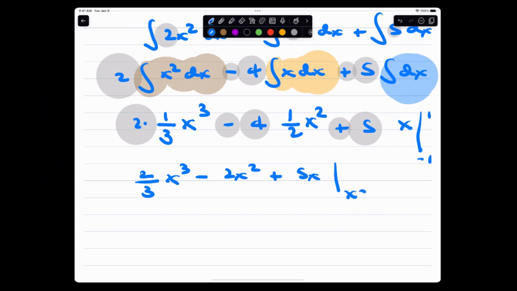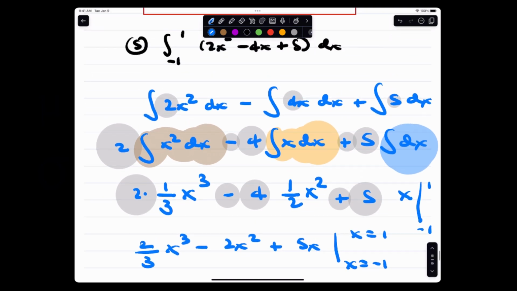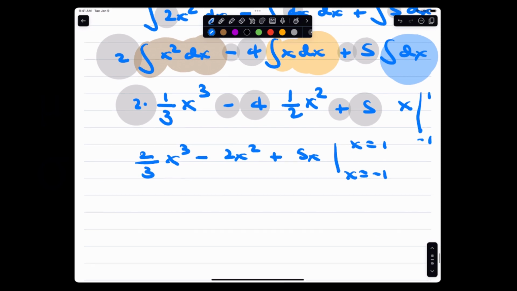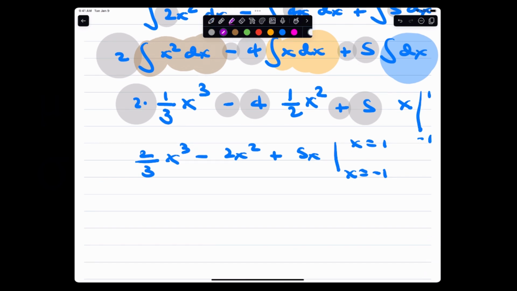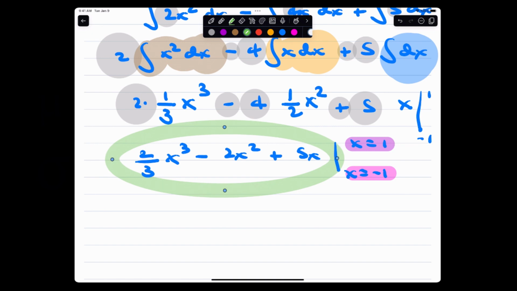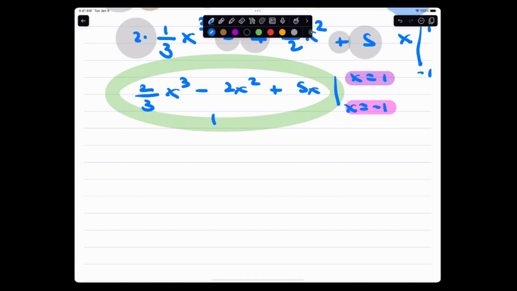We evaluate that from x is -1, x is +1. Okay? And this whole thing is at what? Isn't that big F? All right. So this will be F of 1 minus F of -1.